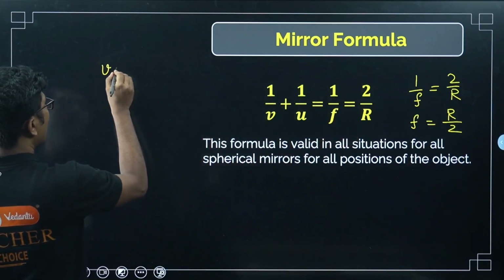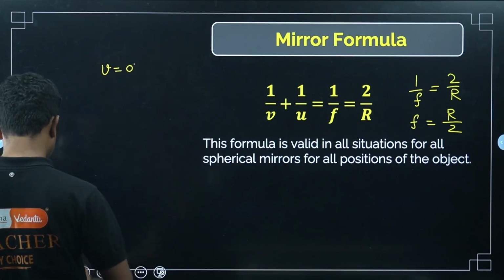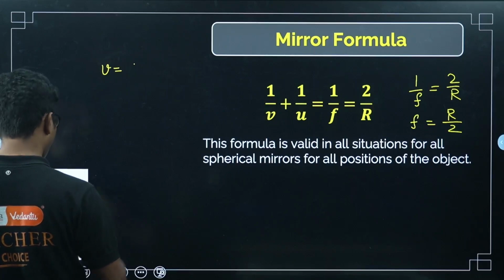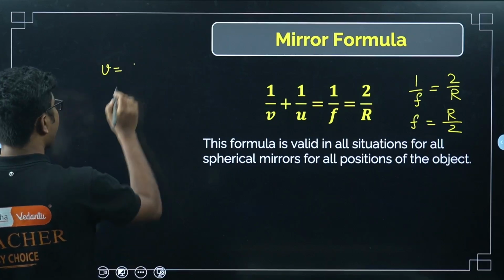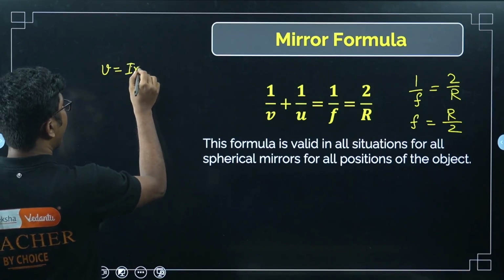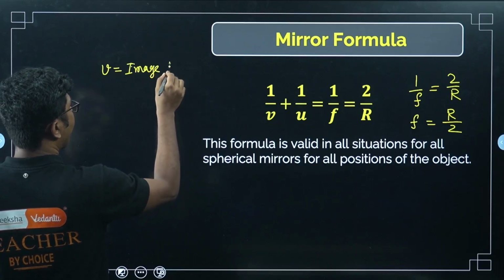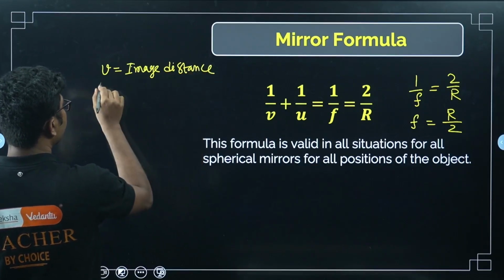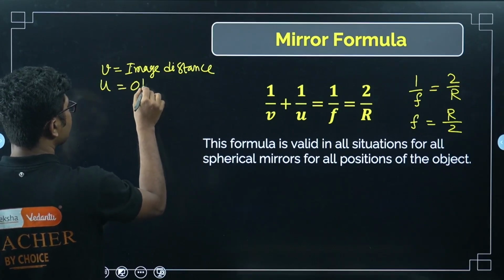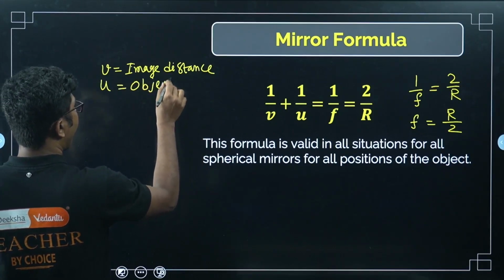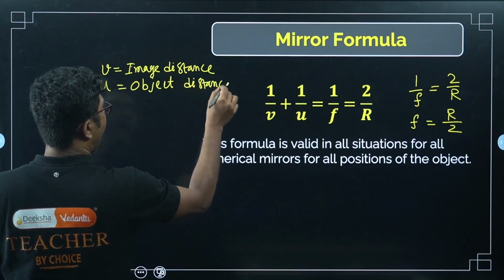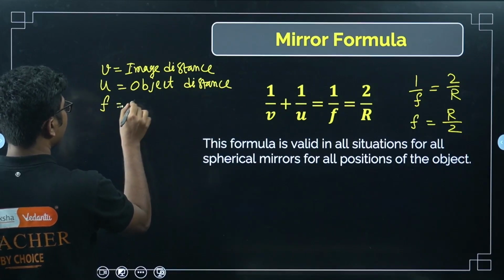V is image distance, U is object distance, and F is focal length, right?